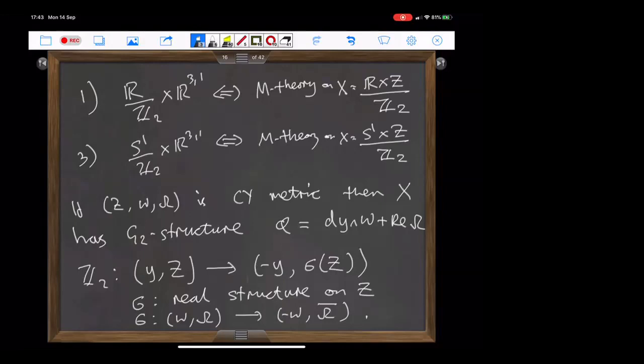And in case 3, the action is essentially the same, just that instead of having a copy of R, we've now got a copy of S1.